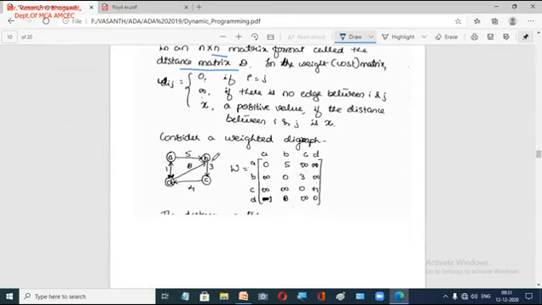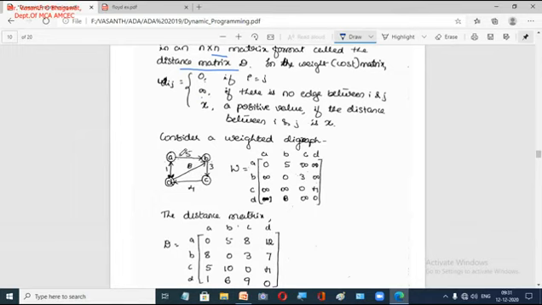Clear? Now let us see, a graph is given for us. This is a weighted directed graph. How do we represent the weight matrix for this graph? We know it has four vertices, A, B, C, D. Now I will write A, B, C, D along the rows and A, B, C, D along the columns.